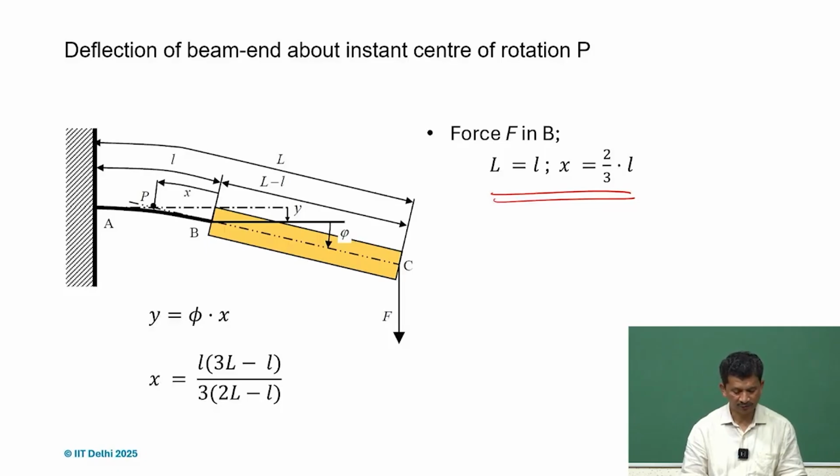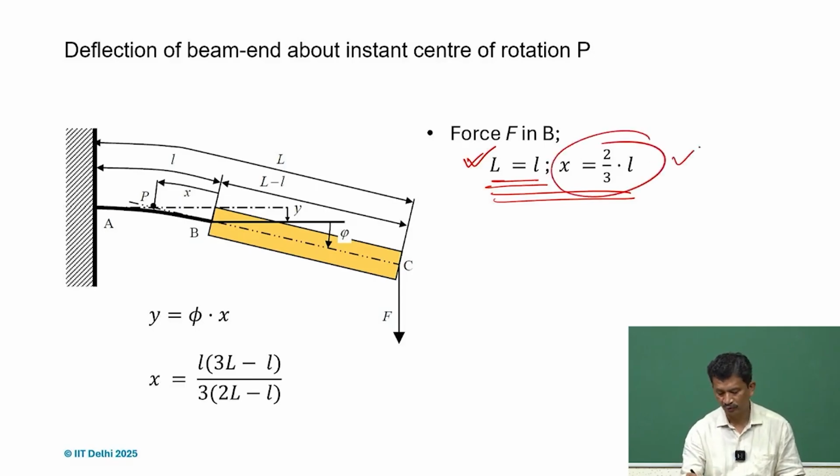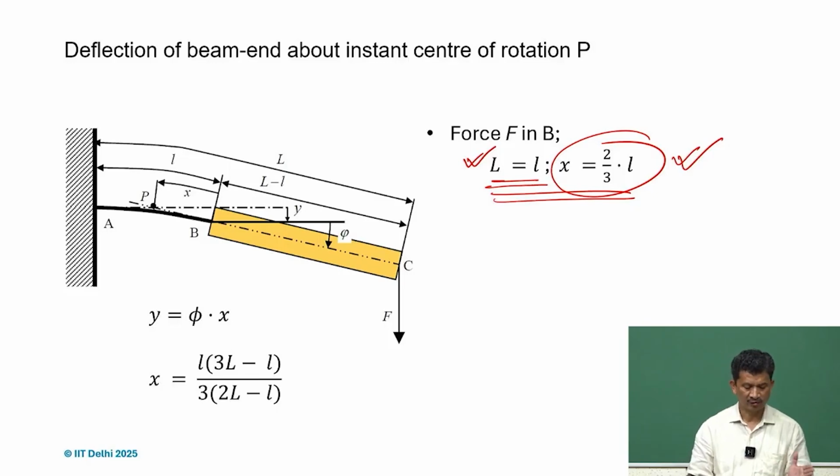In that case, capital L is equal to small l, the length of the flexure part or the compliant part itself. When we substitute, we get this relationship. So x is 2/3 of the length of the compliant part, but from B. From A, it will be 1/3. So be aware of that.